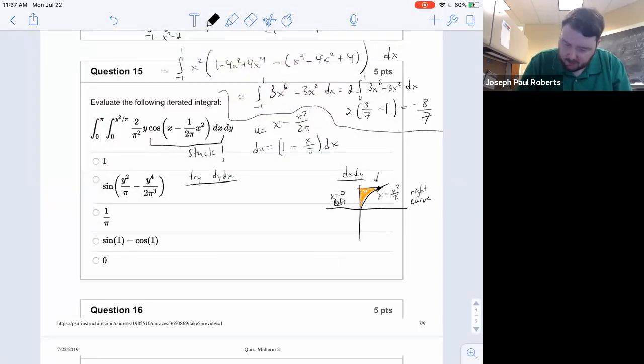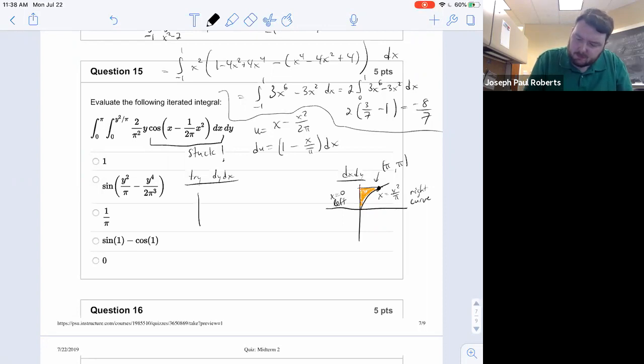But you can, in fact, confirm that when y equals pi, well, I guess no matter what, this is going to be pi. And then if y is pi, x ends up being pi as well. Okay.